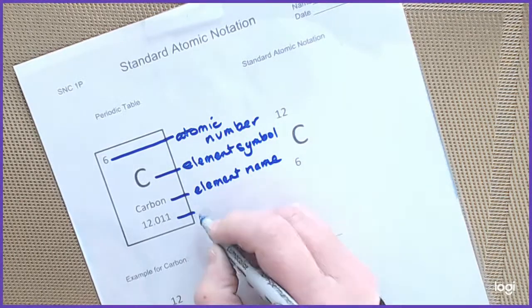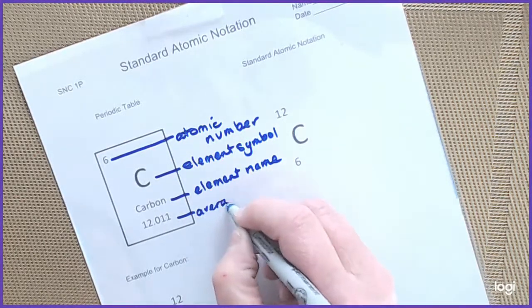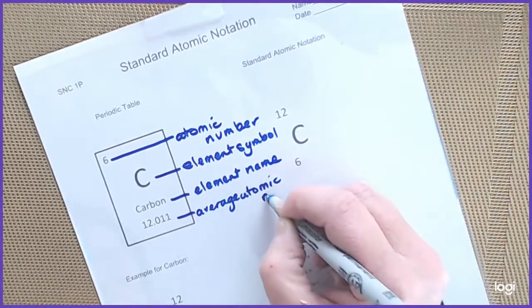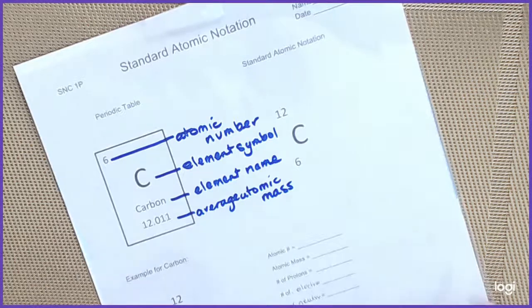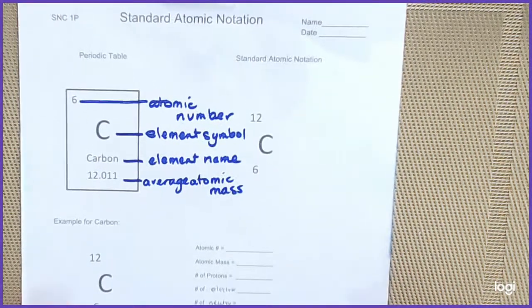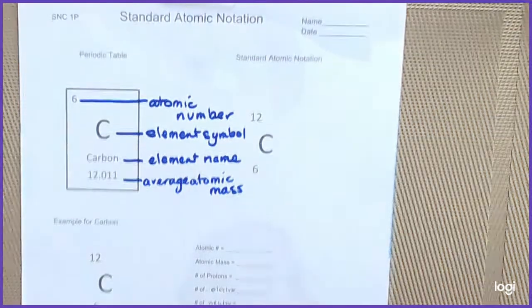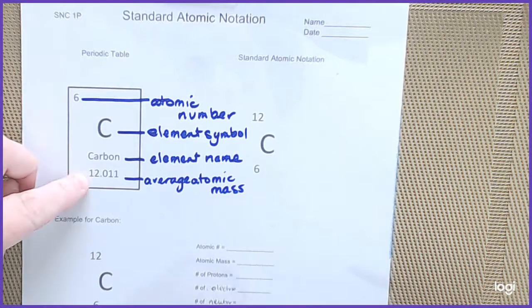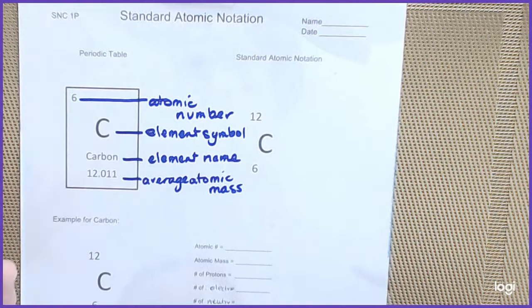And we've got the average atomic mass. So that's all the information we need to figure out how many electrons, protons, and neutrons are in our atom. We've got our atomic number up here, and we've got our average atomic mass, which we're going to round to the nearest whole number. And we can figure out how many protons, how many electrons, and how many neutrons.